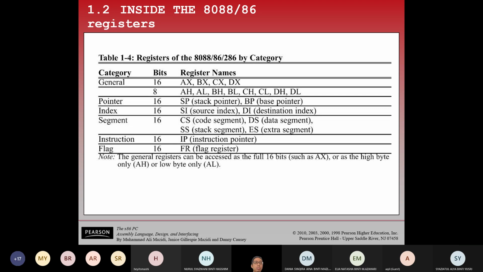Other than the general purpose ones, all of these are 16 bits. The instruction register is IP, the instruction pointer. The last one is the flag register, FR.